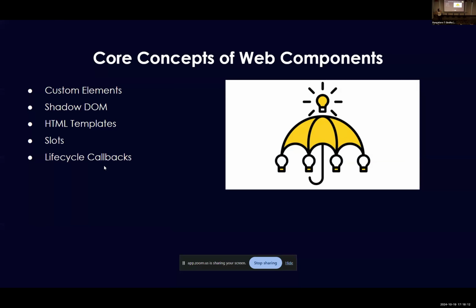The third and fourth are templates and slots. These help you to dynamically update your content from JavaScript. And last is the lifecycle callbacks. Everyone is aware of lifecycle callbacks. In React, we have didMount, didUpdate, and so on. Similar to that, web components also have some lifecycle callbacks.